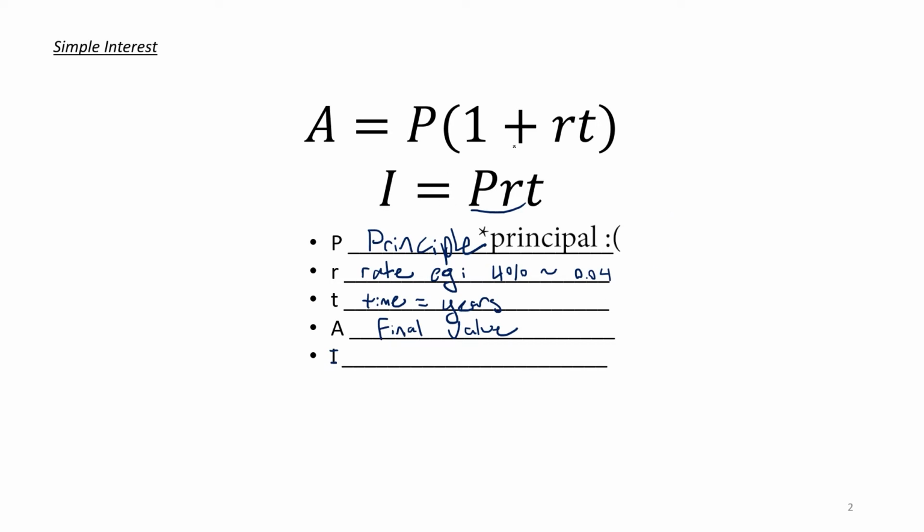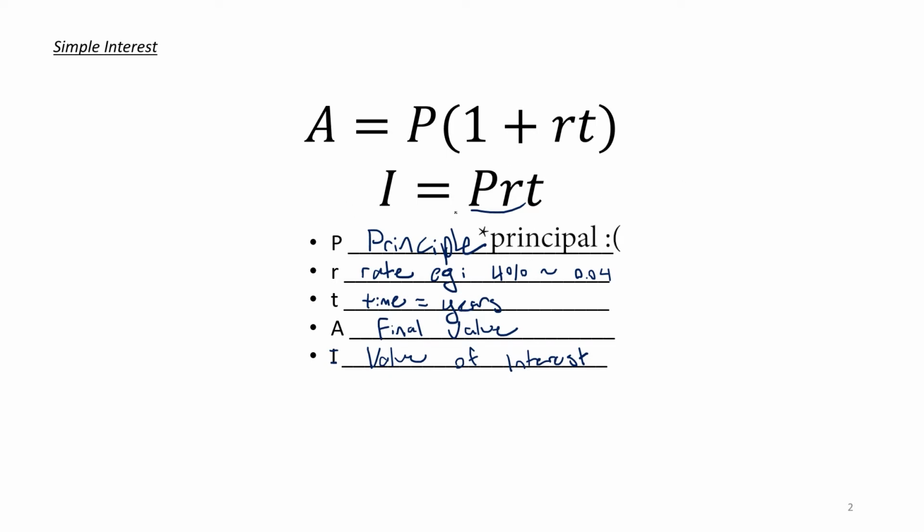So for that same $50 problem that's worth 75, if you put the same numbers into this equation, you would get 25 as I. So we'll call that value of interest.